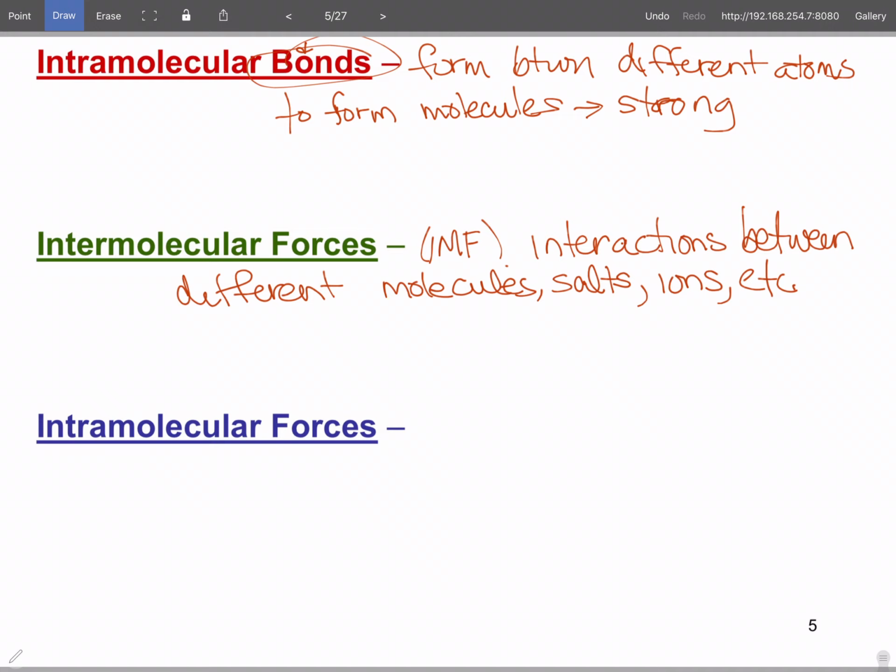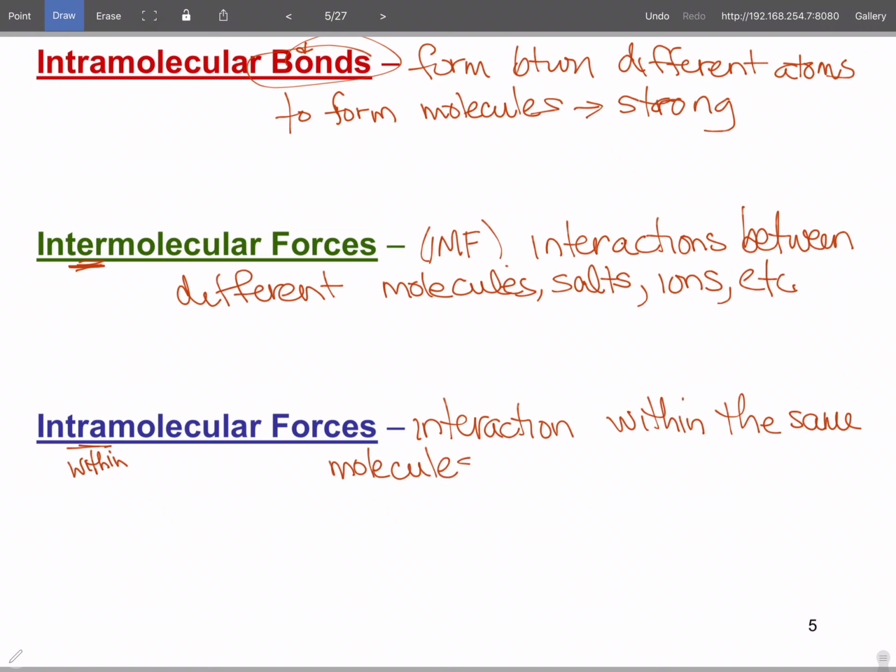Now, in intramolecular forces, and inter means between, intra is within. This involves the interactions within the same molecule. Now, if you have a small molecule like water, you're going to have bonds. You're not going to have intramolecular forces. Okay, as you go on to biology, these are the proteins.